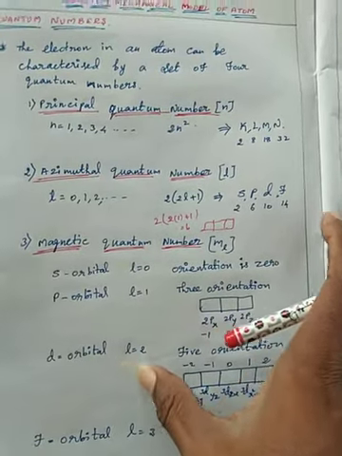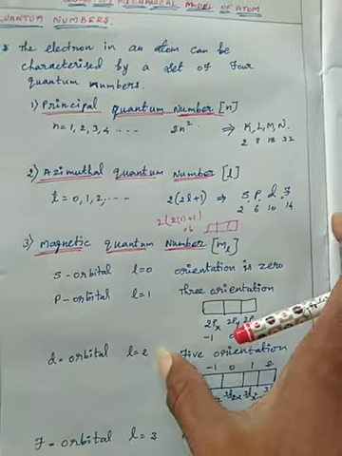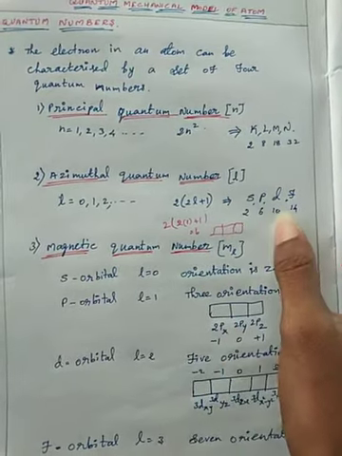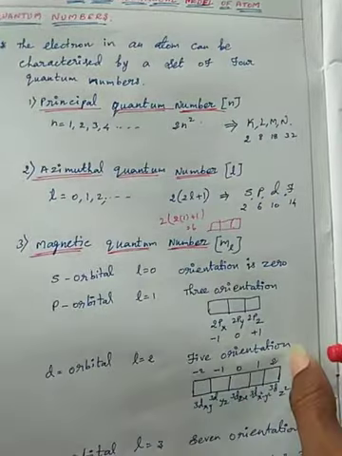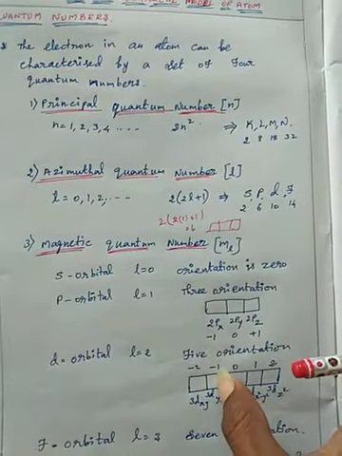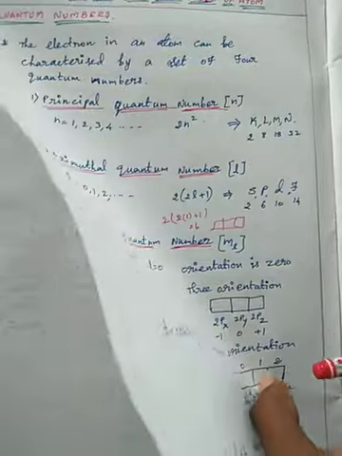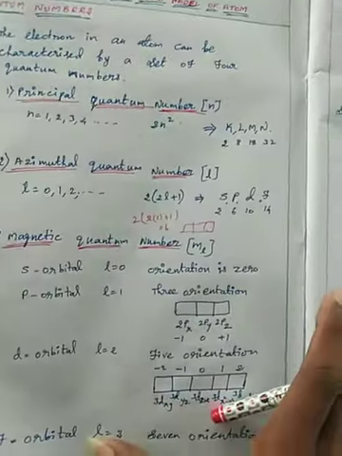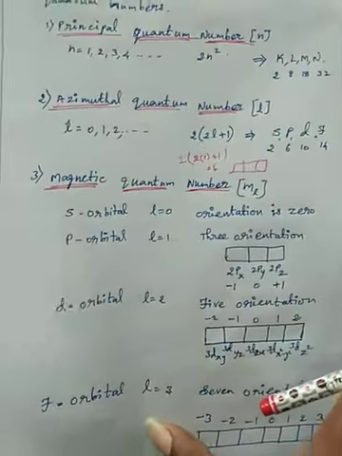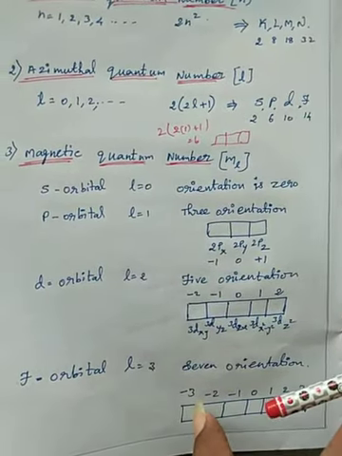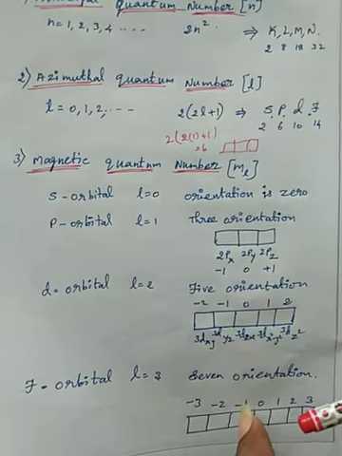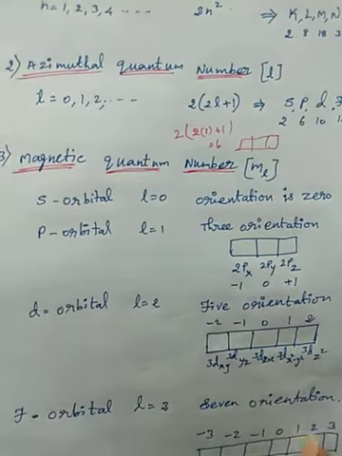The d orbitals have l equal to 2. 10 electrons are possible, 2 in every subshell, so 5 subshells and 5 orientations: -2, -1, 0, plus 1, plus 2. The f orbitals have l equal to 3, with 7 orientations: -3, -2, -1, 0, 1, 2, 3.